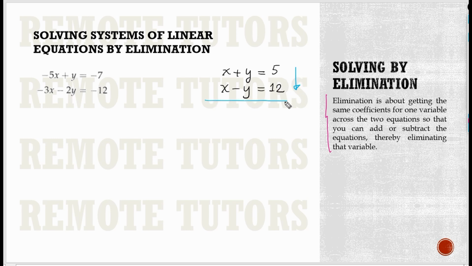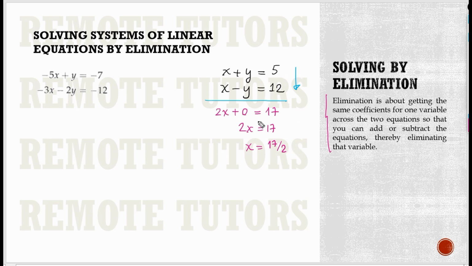If you add the equations, you will get rid of the y's. X plus x gives 2x, y minus y gives 0, and 5 plus 12 gives 17. So 2x is 17, and the value of x is 17 divided by 2.